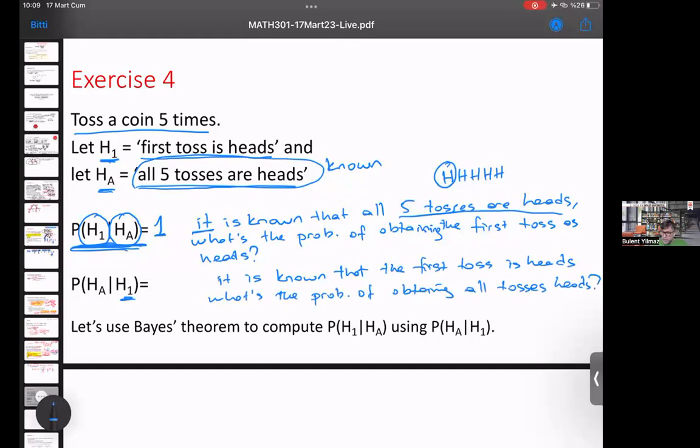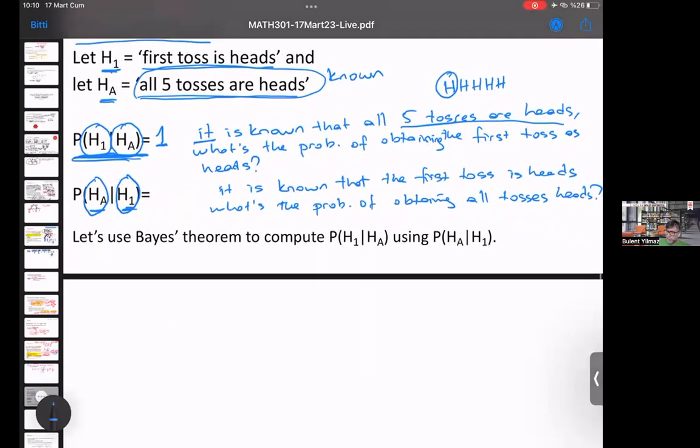I know that the first toss is heads. What's the probability of obtaining all tosses being heads? Let's do it here: probability of HA given H1.